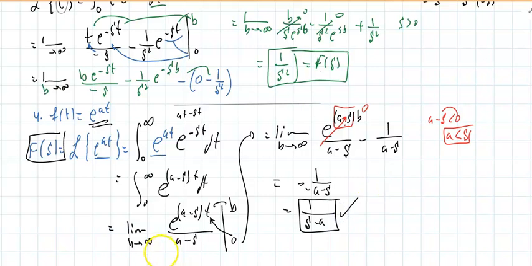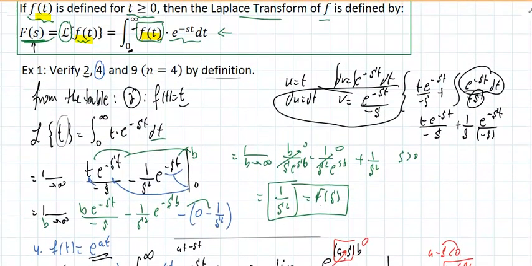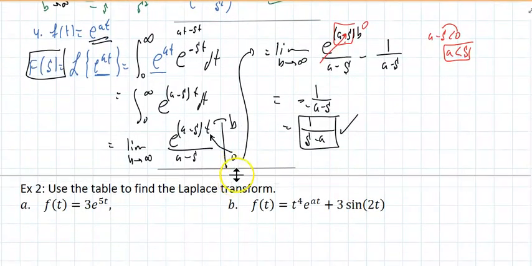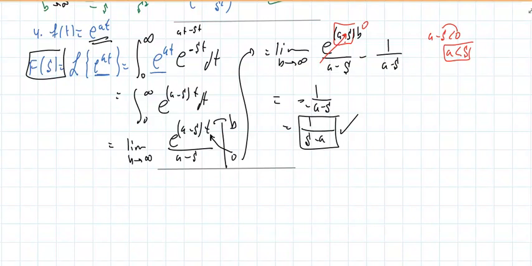And I want to derive one more for you. I want to derive number 9 for n equal 4. So if I want to derive property 9, what's f of t?